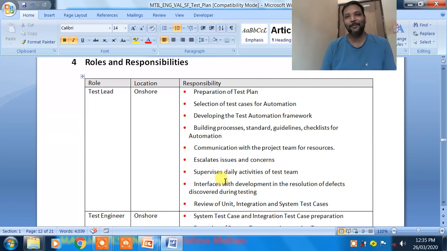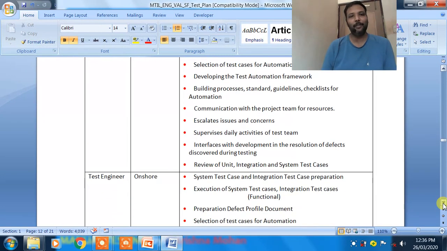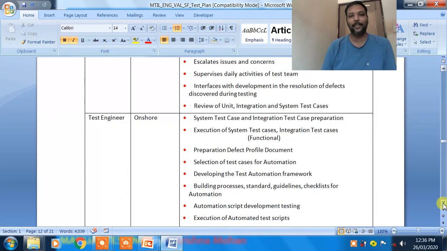That has to be mentioned here even though it is not in the process, because for this particular project, due to lack of resources, he has to do the test engineer's job too. He has to write the test cases, apart from the monitoring and planning activities. So the roles and their responsibilities have to be explicitly mentioned.